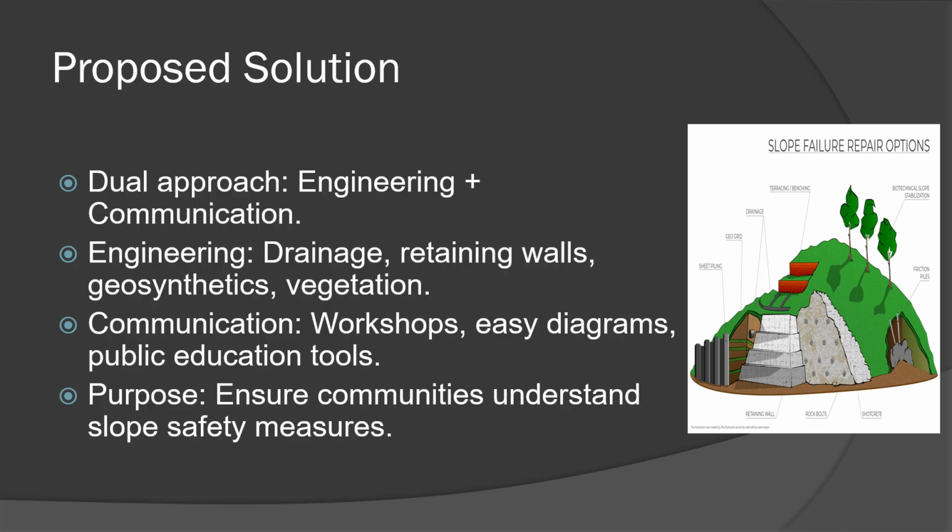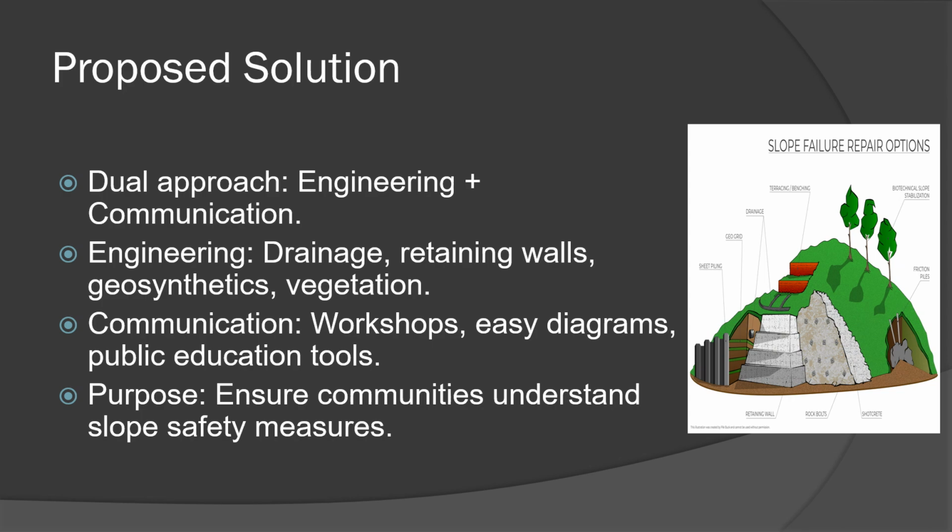Okay, so how do we fix this? I'm proposing to tackle it from two angles, the engineering and communications. On the engineering side, we have a toolbox of options shown here. Down at the bottom, we can build retaining walls or drive sheet piling to physically hold the slope back.